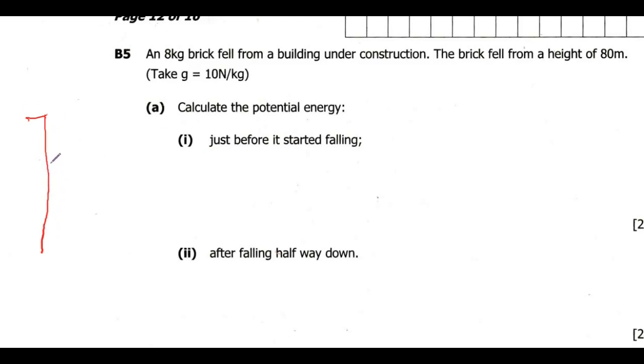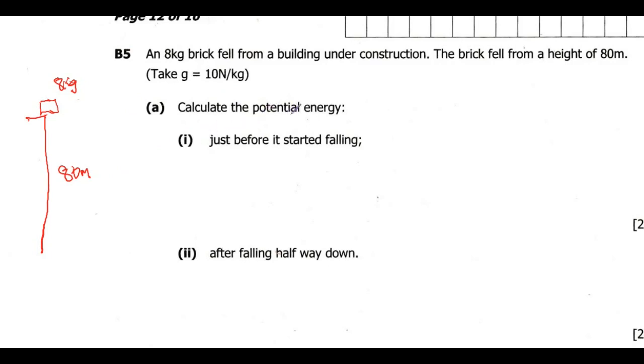So we have a brick right there at the top, and this one has got a mass of 8 kilograms. It fell from a building under construction, from a height of 80 meters. So this height here is 80 meters. Take g as 10.